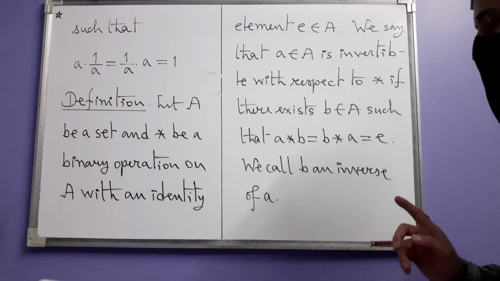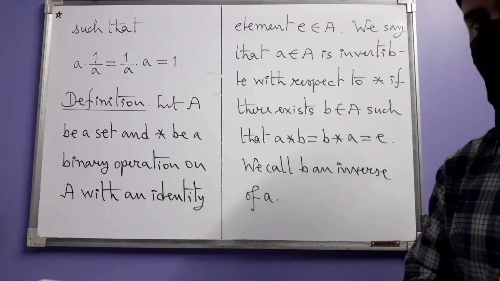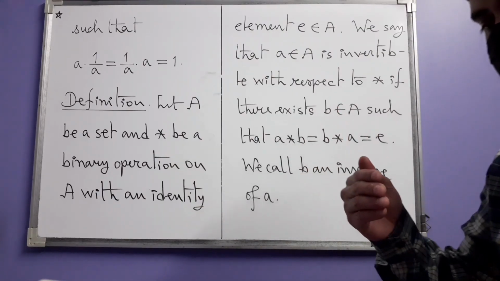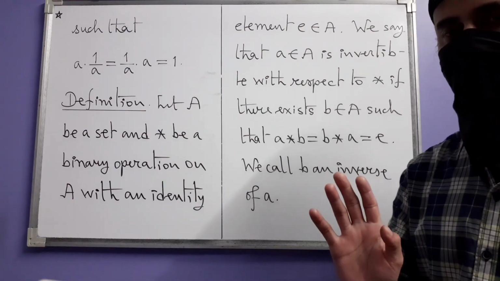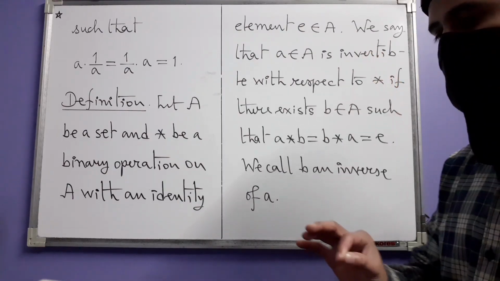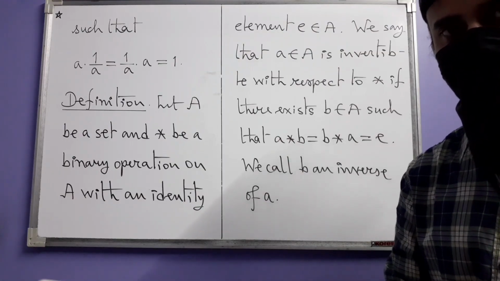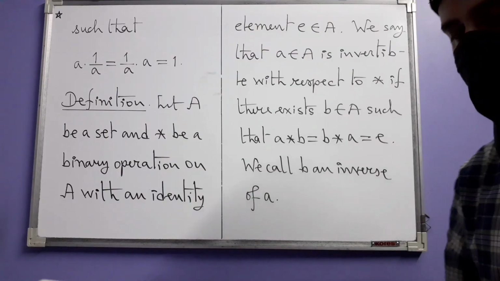There exists no real number which you can multiply with 0 and get 1. You multiply 0 with any real number, you will get 0. You will never get 1. So that is the only element in R which is not invertible with respect to multiplication. All non-zero elements are invertible.